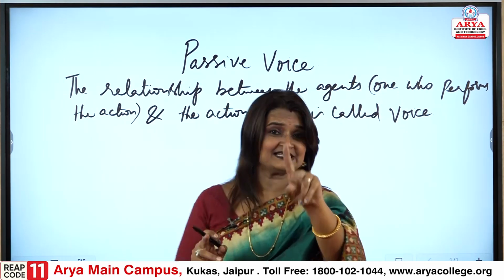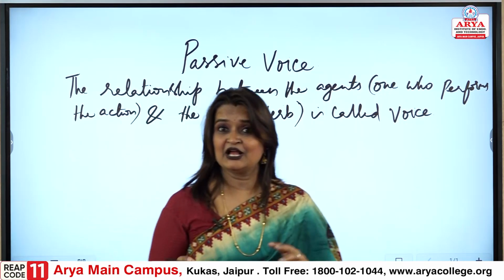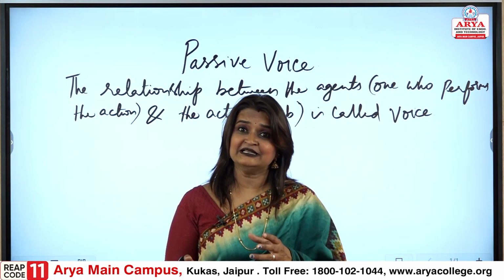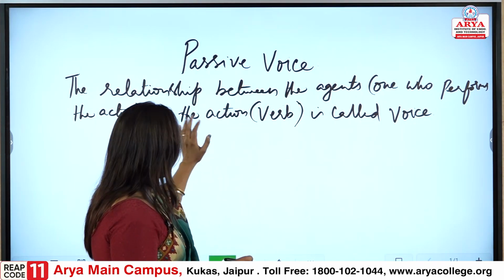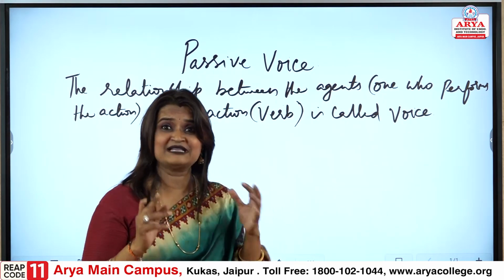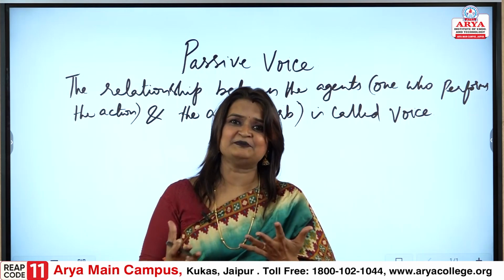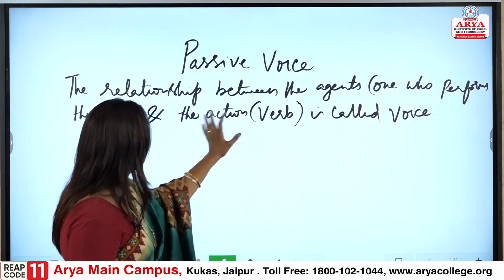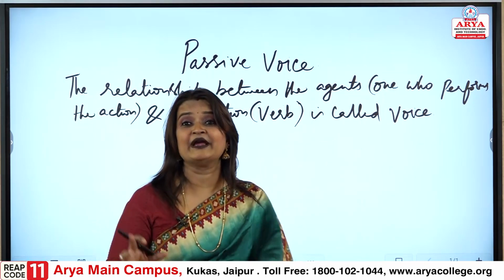This is one very important thing: the relationship between the agents. Which two agents? The one who performs the action, and the action. The one who performs the action is the speaker, and the action, which is the verb, is called voice.